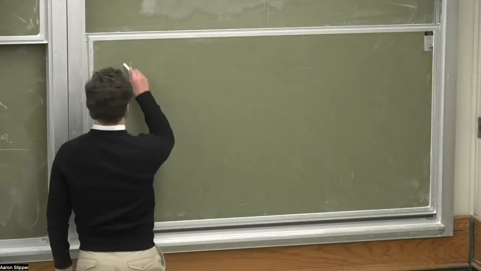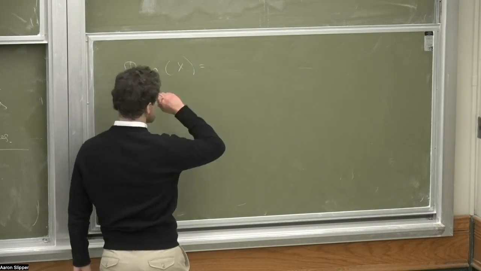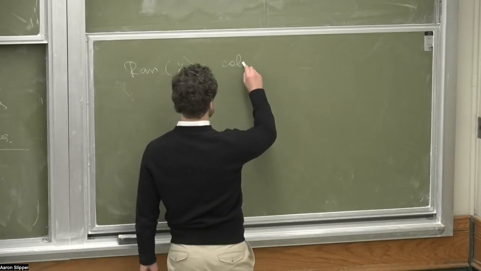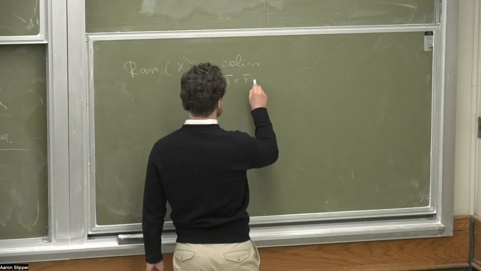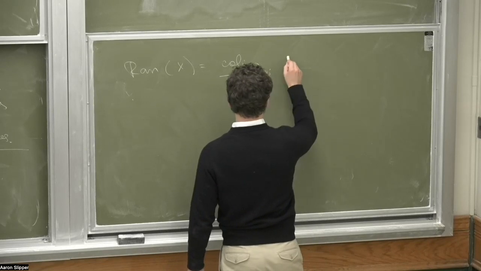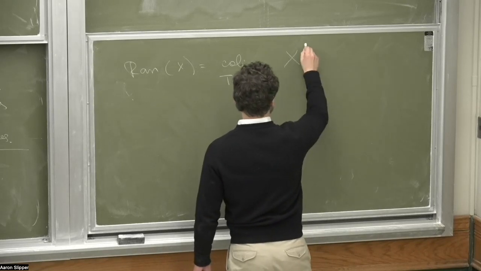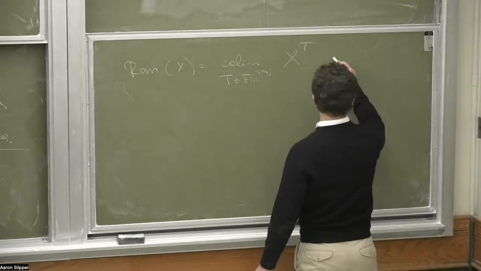Remember, the ground space X is, as a prestack, the colimit over the category of all non-empty finite sets and surjective maps of the schemes X^T using diagonal maps.